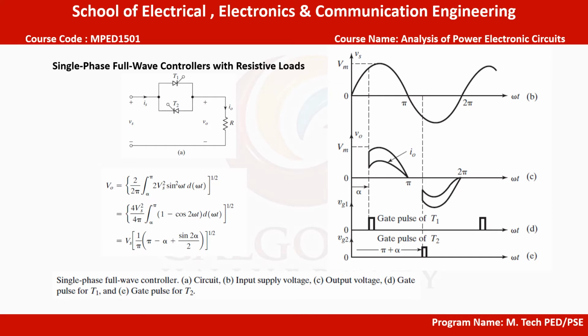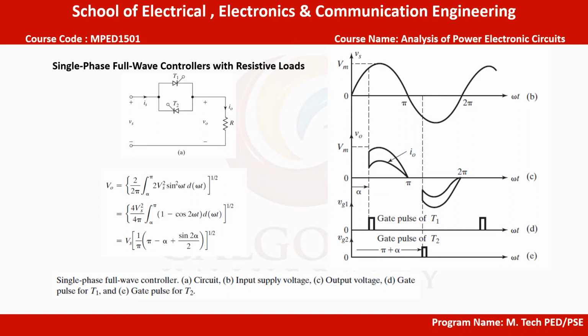So let us discuss the single phase full wave controllers with a resistive load. You can see here the figure of a single phase full wave controller with a resistive load connected.